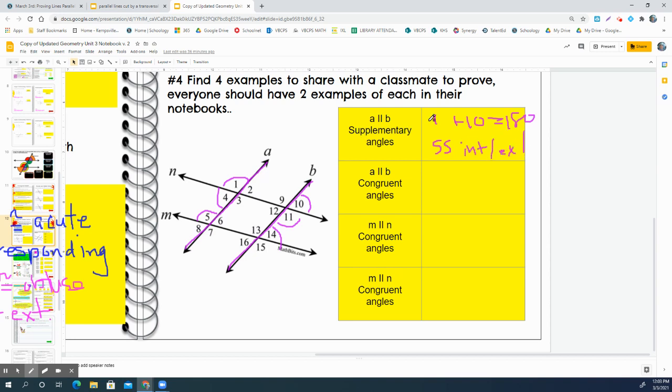In this box right here, put 2 examples that you see in the chat. 8 and 15, another fantastic example, right? So put your examples right here in your yellow box, 2 of the examples that are in the chat. 1 and 10 work, 4 and 11 work, 5 and 14 work, 8 and 15 work.